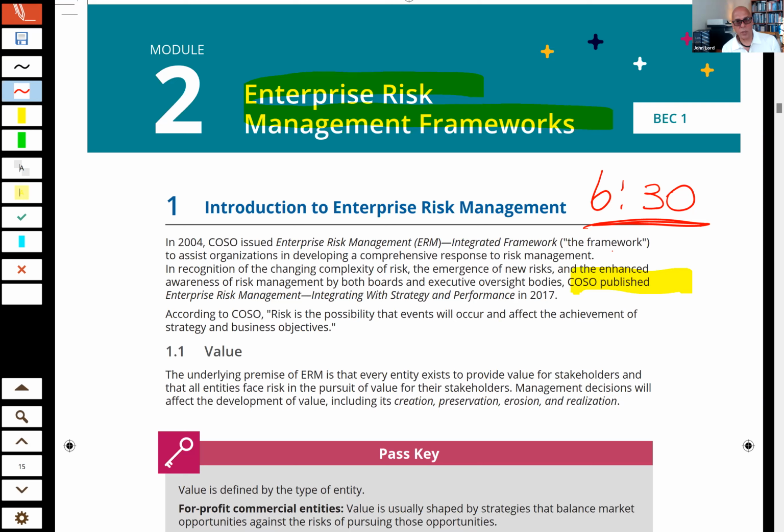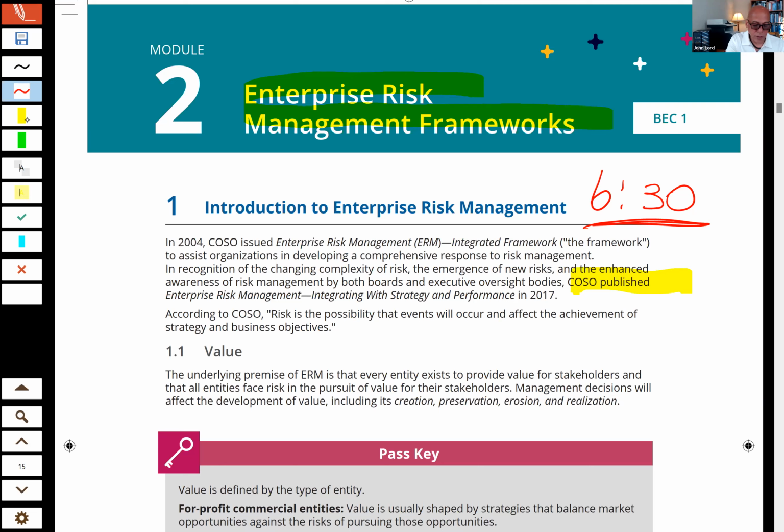And how can we look in a holistic manner to link our strategy to the value that we're trying to create, and then manage the various risks associated with that? Okay, and so that's really what COSO has done now with the Enterprise Risk Management Framework, ERM.